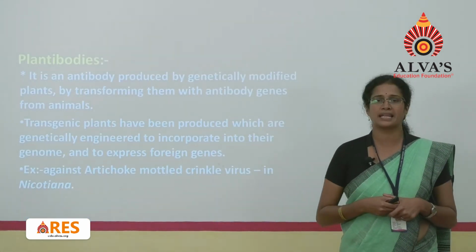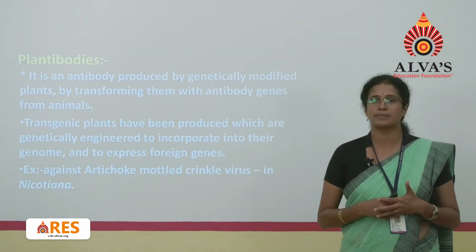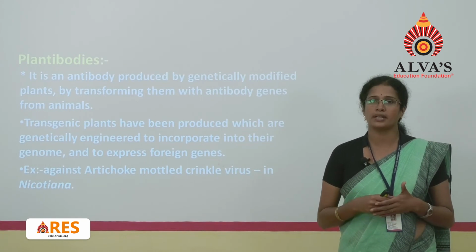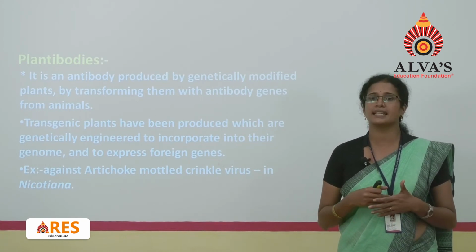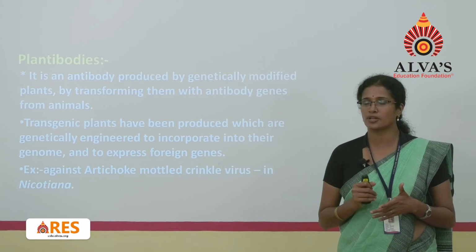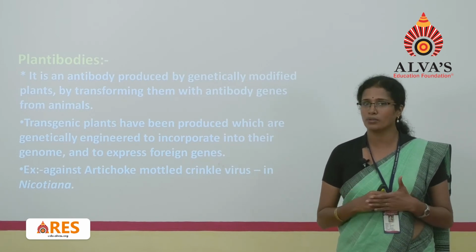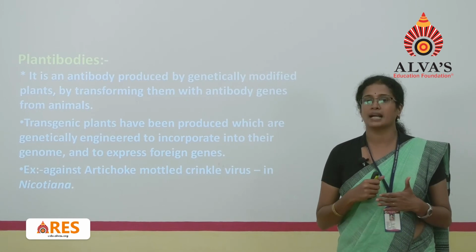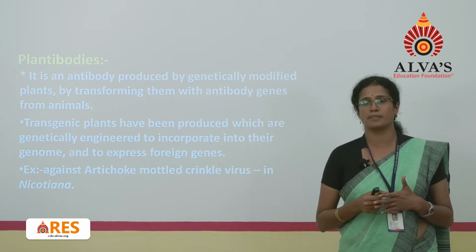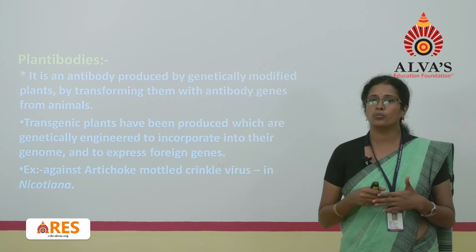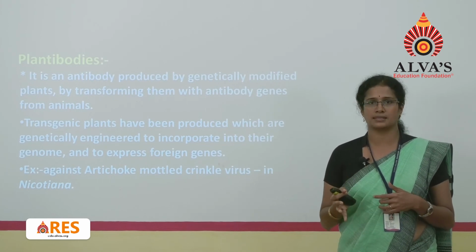Next, moving on with plantibodies. Now, what are plantibodies? It is an antibody produced by genetically modified plants. Plantibodies are commonly seen only in genetically modified plants. Now, how are they genetically modified? They are modified by transforming them with the antibodies from the animals.